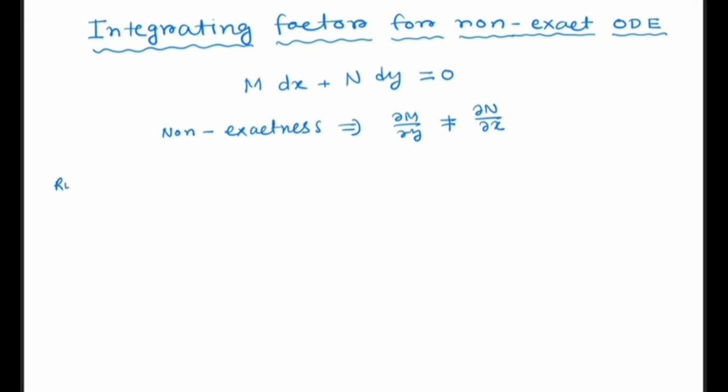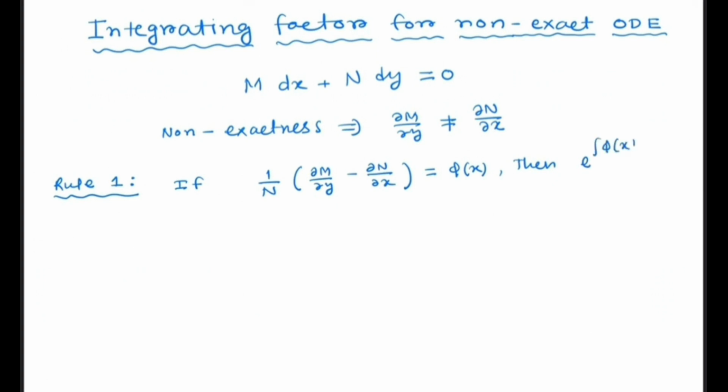So here we have the first rule, rule number 1, which says that if 1/N times (del M/del y minus del N/del x) is equal to a function of x, phi(x), then e to the power integral phi(x) dx is an integrating factor.